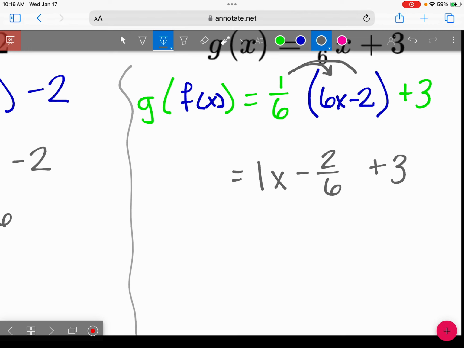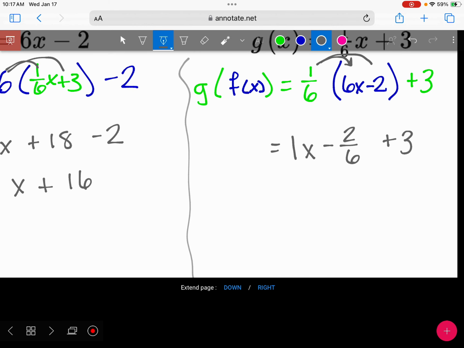Is that going to simplify down to be just x? No. So do either of these equal x? No. x plus 16 is not the same thing as x. And x minus 2/6 plus 3, that is not the same thing as x. That is not going to equal down to just x. So are these inverses?